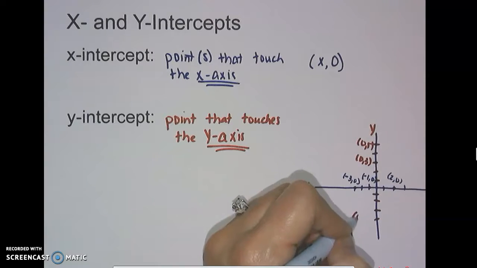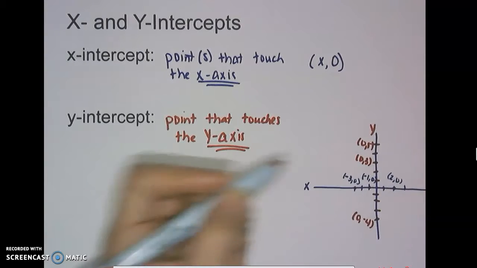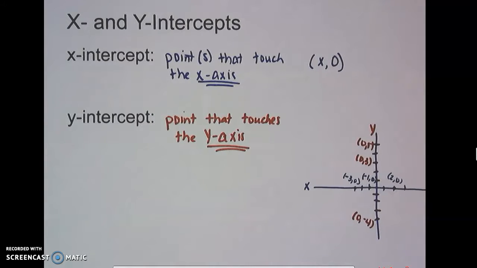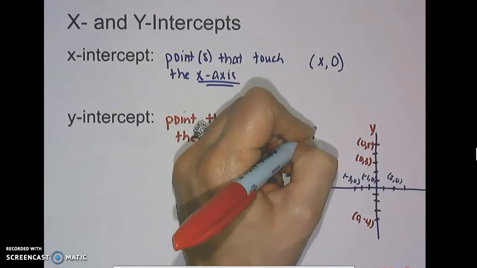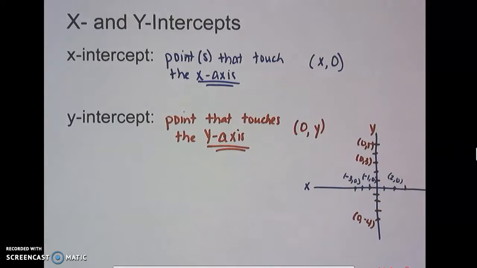Or 0, -4 would be this point. What do all of those points have in common? Well, they all have a 0 for an x-coordinate, and the y-coordinate is some number. Okay, so they're all 0 and then some number. 0 is the x-coordinate and y is some number.